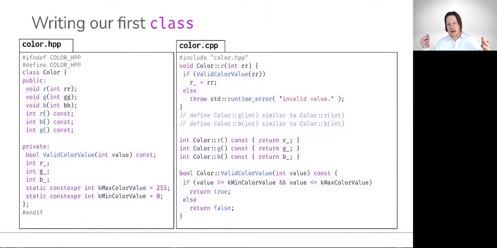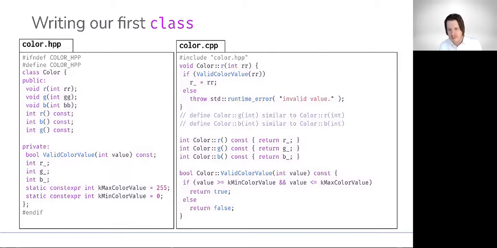So let's go ahead and look at those definitions here. The r mutator here is going to check to see whether we have a valid color value passed to it. If so, we'll make the assignment. Otherwise, we'll throw a runtime error specifying that an invalid value was passed to our function.